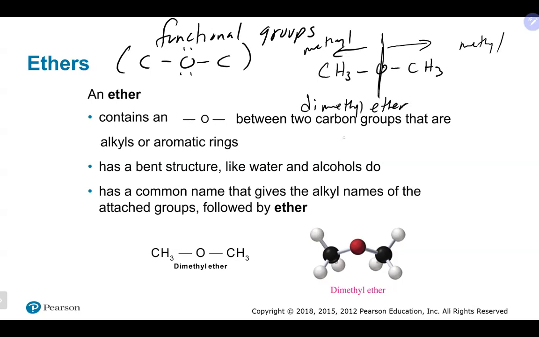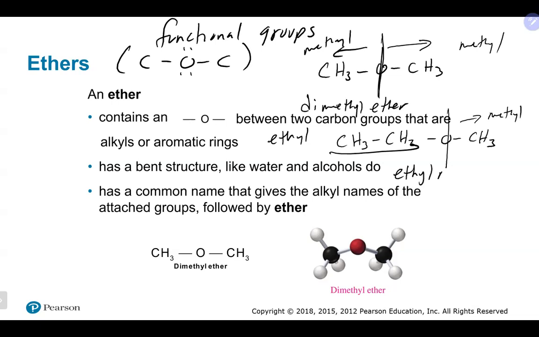If you had something like this, CH3, CH2, O, CH3. Again, going to the oxygen, we have a methyl group. This is a 2-carbon group, which is an ethyl group. This would be known alphabetically as ethyl methyl ether.